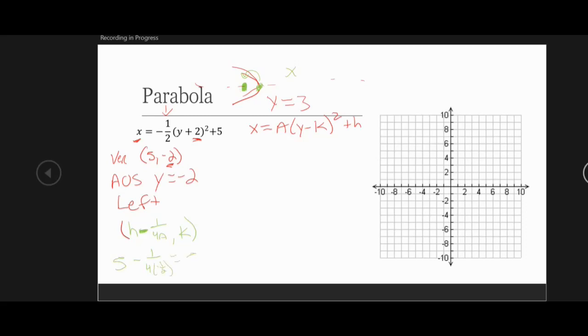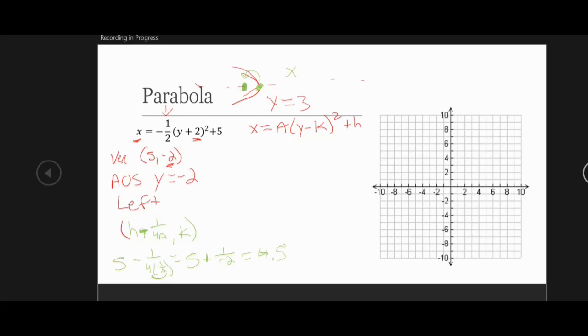That's what a is. So it's 5 minus, actually it's going to end up being plus, sorry, in the formula it's plus 1/4. And half of that is... 2, -2. So that's why it's going to end up being a minus, even though it really was a plus, because it's a minus here. So it's going to be 4.25. I'm sorry, 4.5.